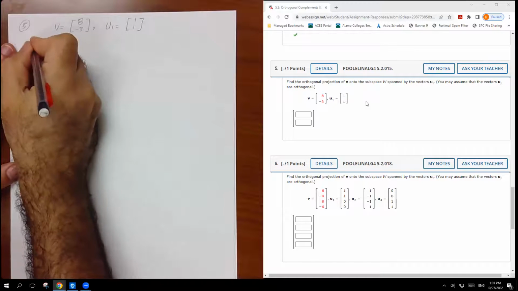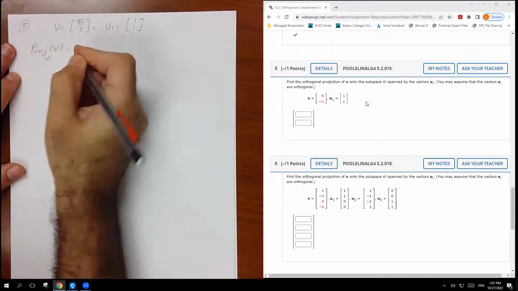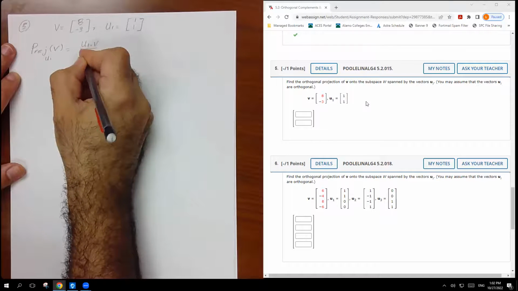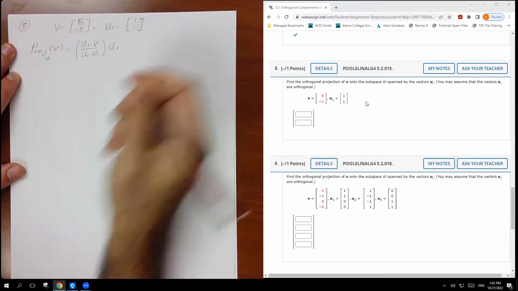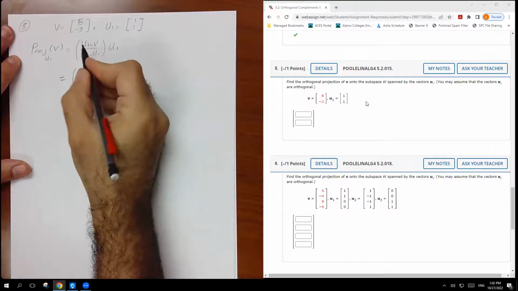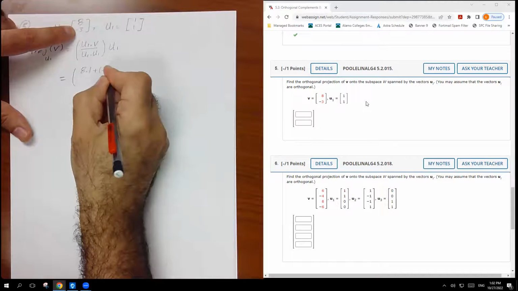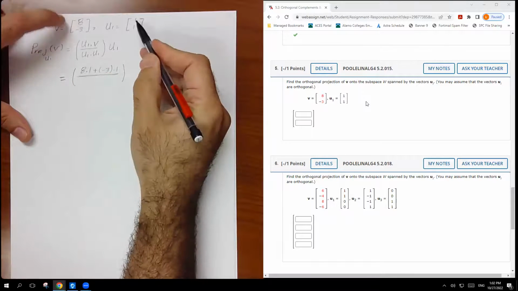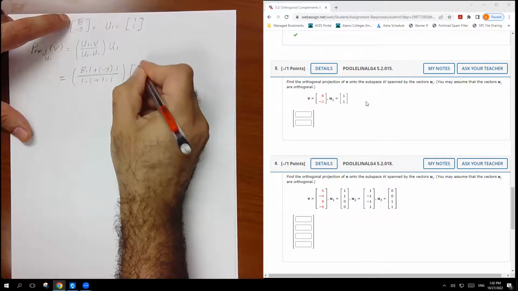The projection of V onto the vector U1 is going to be the dot product between U1 and V, over the dot product between U1 and U1, and everything times U1. So the dot product between U1 and V is 8 times 1 plus negative 3 times 1, over the dot product between U1 and U1, which is 1 times 1 plus 1 times 1.